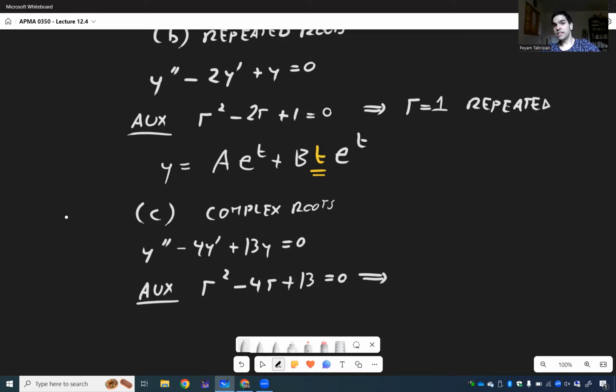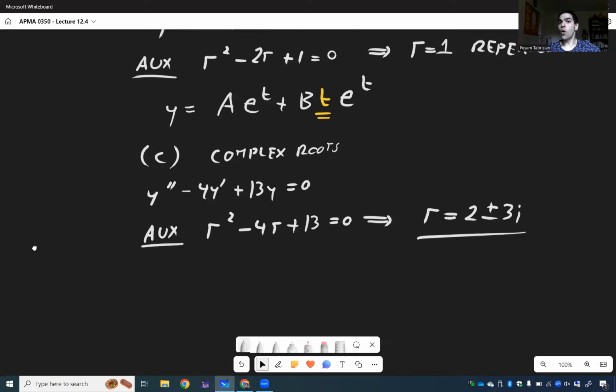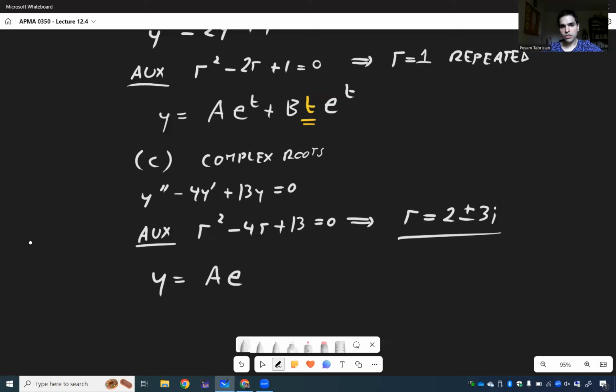And then by completing the square, you get r = 2 ± 3i. And that's when the cosines and sines appear. So in this case, y is a e^(2t), so e to the real part times t, cosine of the imaginary part, 3t, plus b e^(2t) sine of 3t.